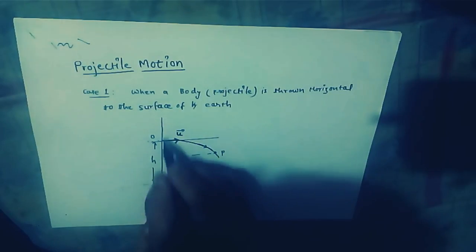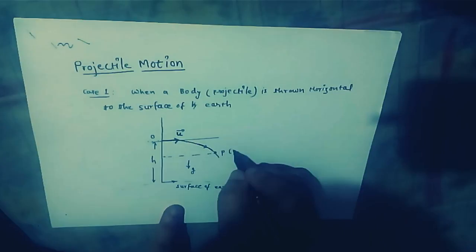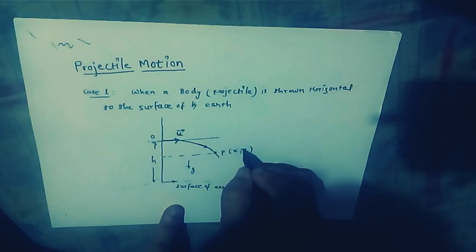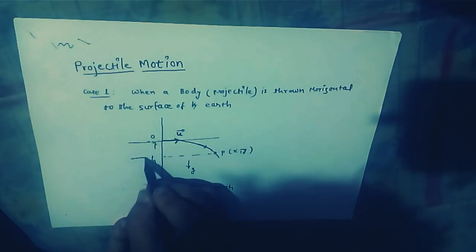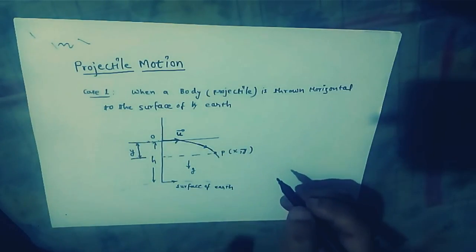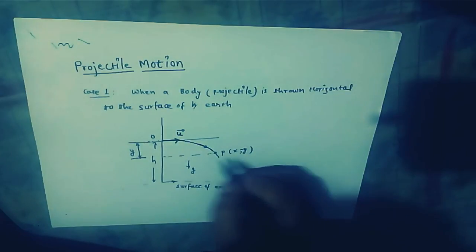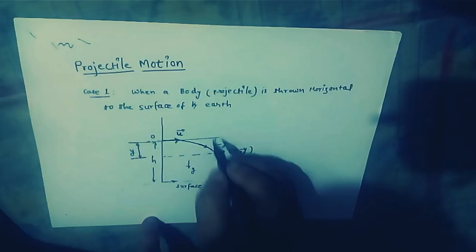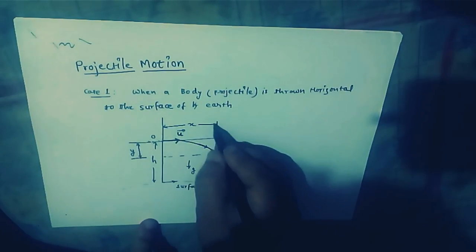and has traveled a distance y. Suppose that point has the coordinates x and y. Here y is in the negative direction because the body is moving downward. So this distance is minus y, and this is the distance along the x-axis.